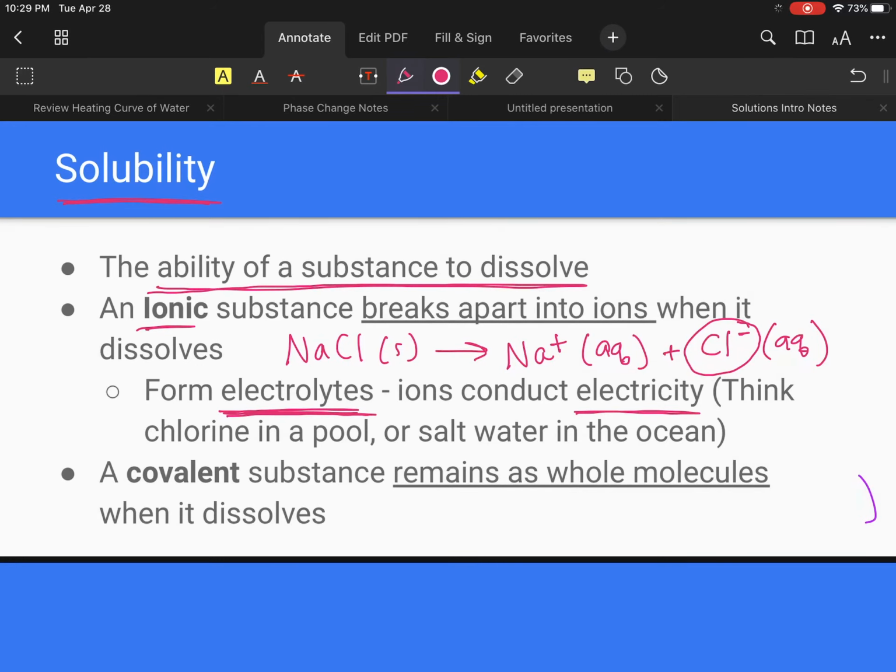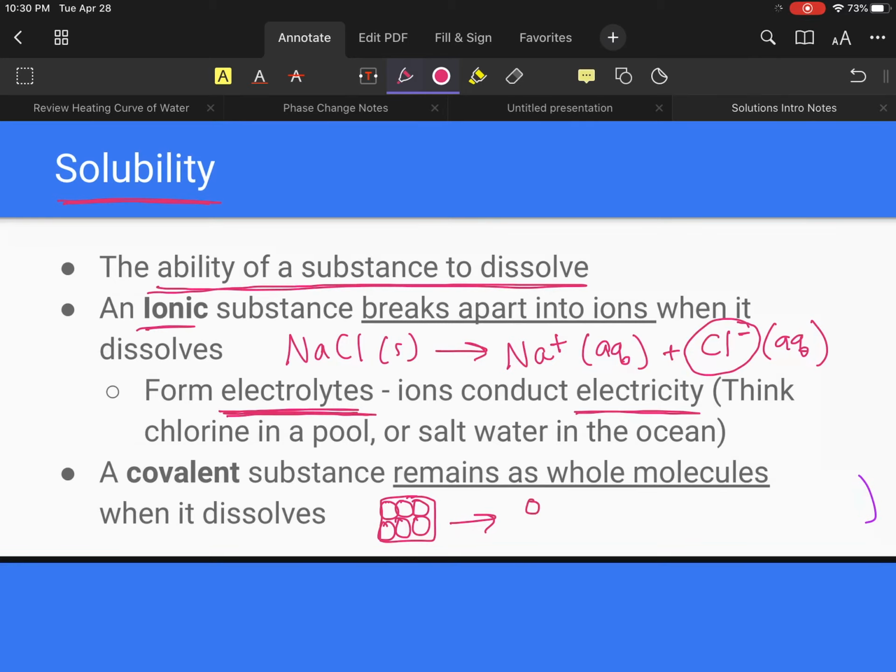A covalent substance remains as a whole molecule. I think you have an example for sugar on your notes, and you'll see it's the same. Nothing breaks apart molecule-wise. If I put a cube of sugar in, that's a whole bunch of individual sugar molecules all packed together.